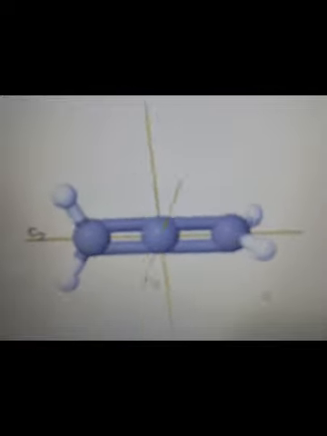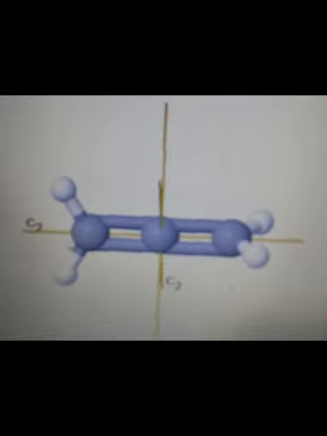If you look at it, the allene molecule comes under the D2d point group. That means it has a C2 principal rotational axis of symmetry. This molecule has 3 C2s actually. Out of these 3 C2s, you can see here this C2, which is passing through the maximum number of atoms, through the 3 carbon atoms. This becomes the principal rotational axis of symmetry.